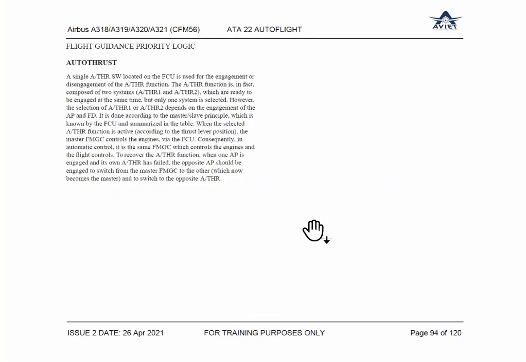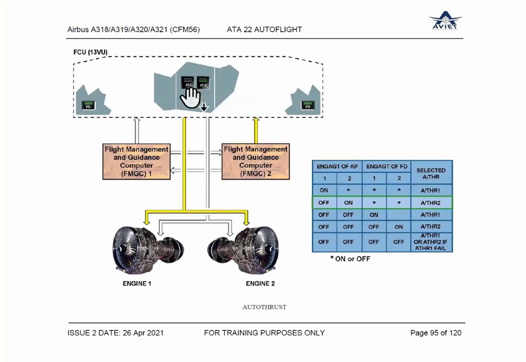Let's see the status here. Now, this example will show you everything. This is an example in front of you. Can you tell me which is master? Autopilot 2 is master. Very good. So autopilot 2 is the master, and who is sending the auto thrust command?